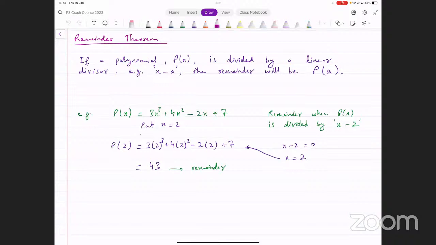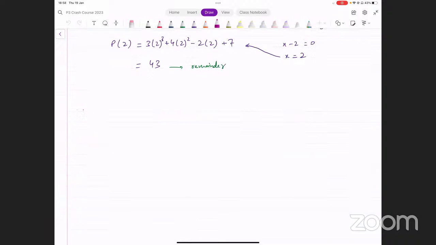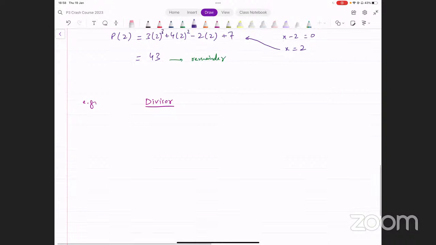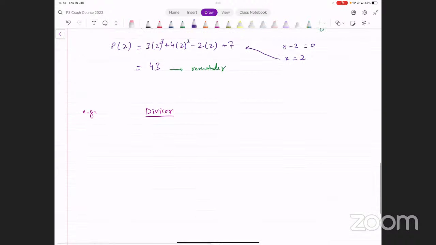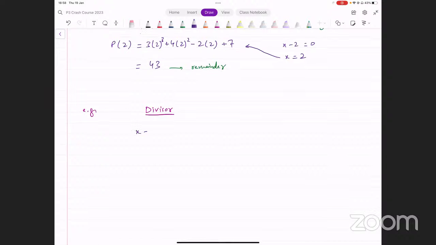All right. Now, let me just write down some examples. For instance, if you have a divisor of this form, x minus 5. If the divisor is x minus 5, what value of x are we going to input in the polynomial for finding the remainder? 5. We're going to put this equal to 0, x minus 5 equals 0.